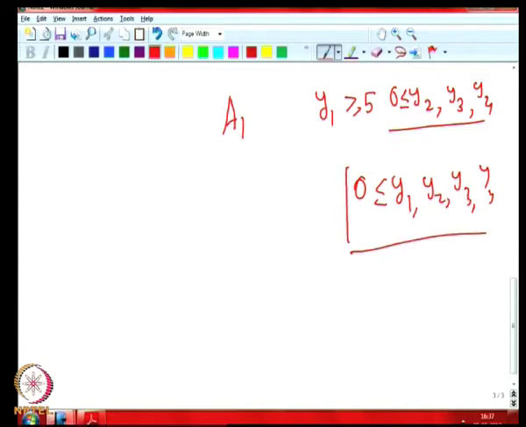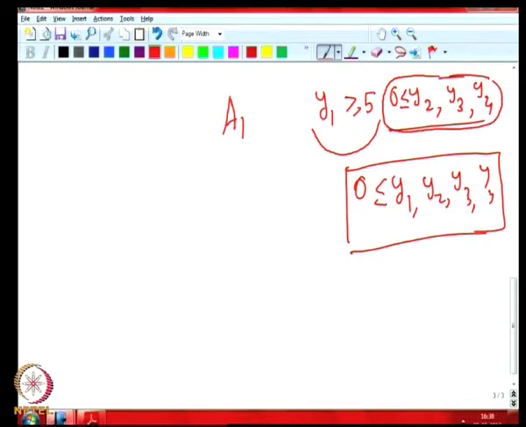This was the way the universe was defined. Now we are defining a subset of the universe, where the variables are as in the universe, at least 0, but the first variable has to be at least 5.